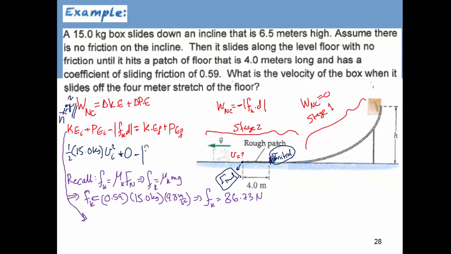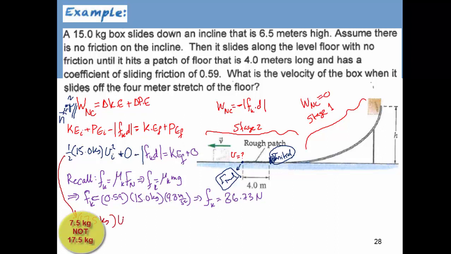So now we can go back to our equation here. We stopped at that point where the friction times distance is equal to the final kinetic energy plus the final potential energy, and the final potential energy will be 0 because again the elevation here is 0. So now we can complete: 1/2 times 15 kilograms times the initial velocity squared plus 0 minus the force of friction, in newtons, times the distance, which is 4 meters, because the box moved 4 meters over the rough patch.